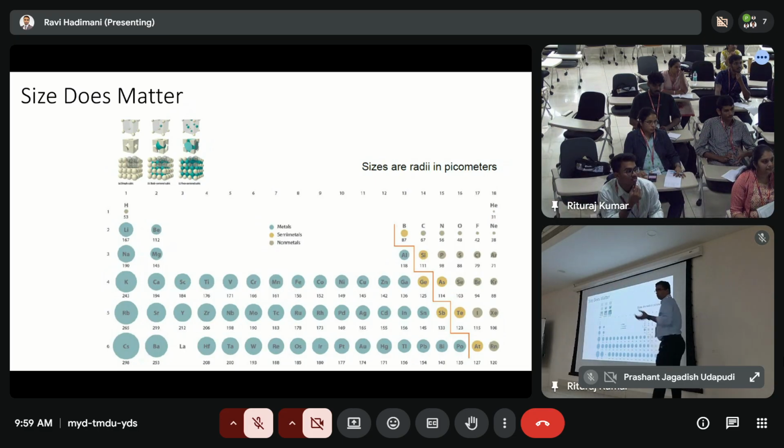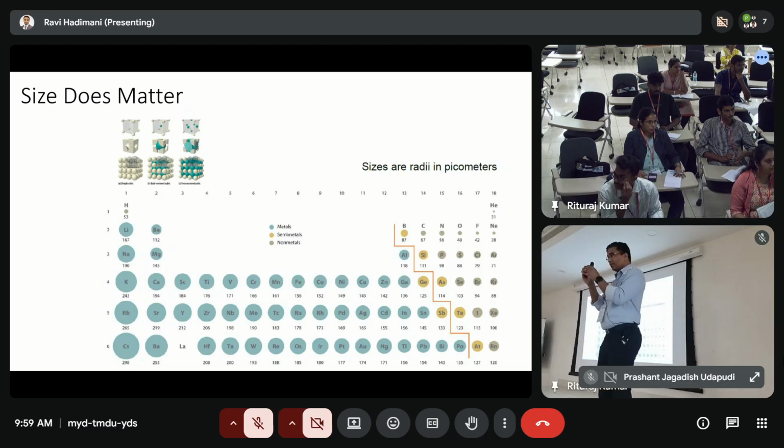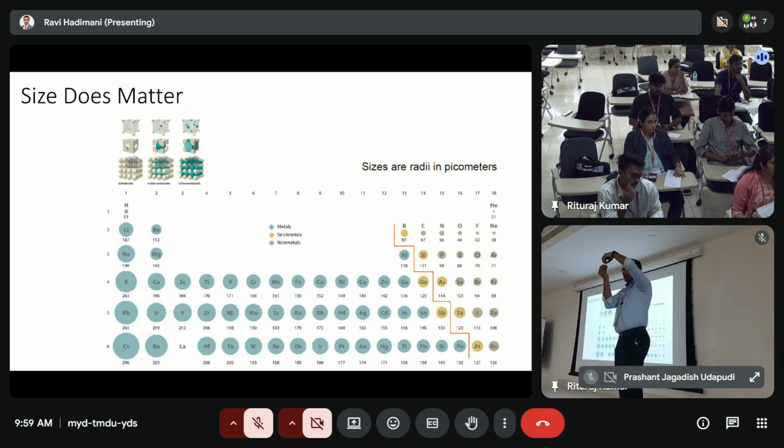Usually with atoms, if there is a van der Waals force, the center of each atom tries to align, right?